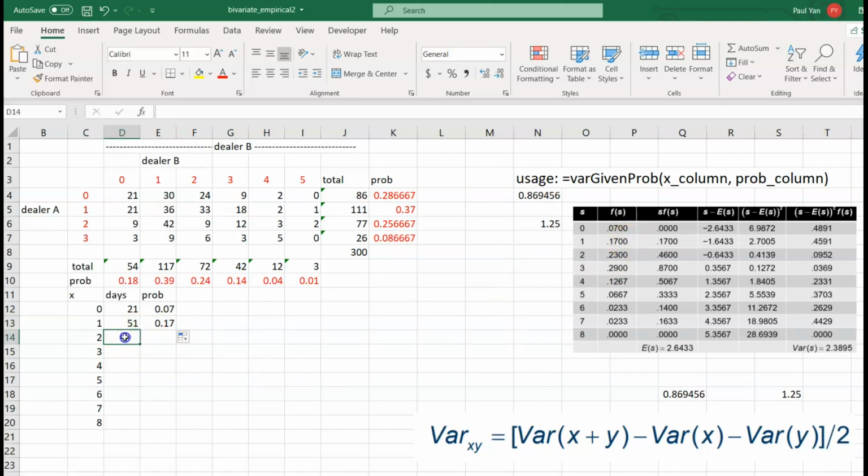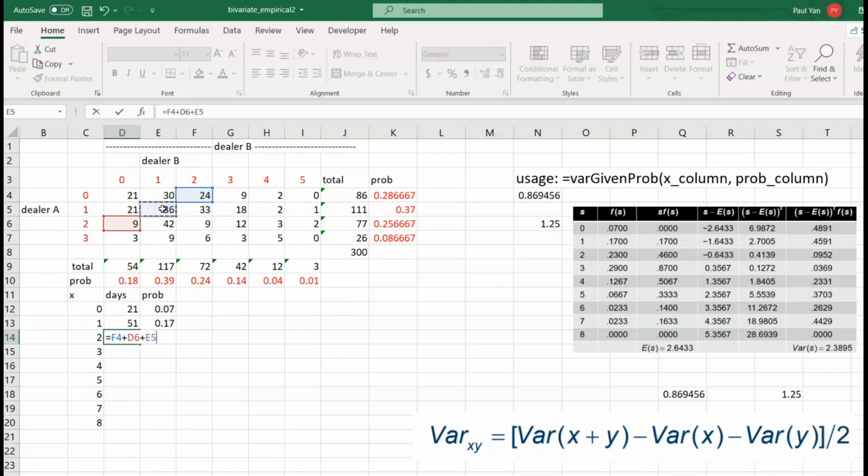Okay, so calculate one more number. We have 2. When dealer A sells nothing, dealer B sells 24, plus dealer B sells nothing and dealer A sells 9, plus dealer B sells 1 and dealer A also sells 1.